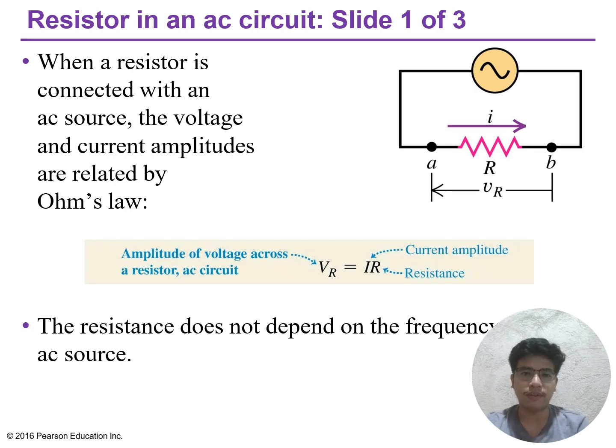When voltage increases, current increases proportionally with no time delay. The power dissipated in a resistor, given by P equals I squared times R, depends only on the current amplitude and resistance, not on frequency, making resistors purely dissipative elements that convert electrical energy irreversibly into heat.